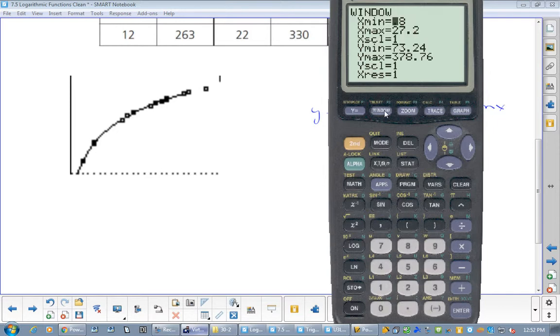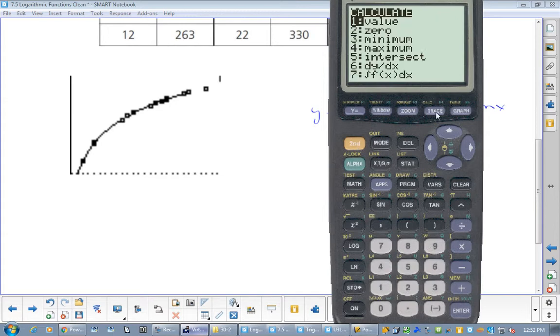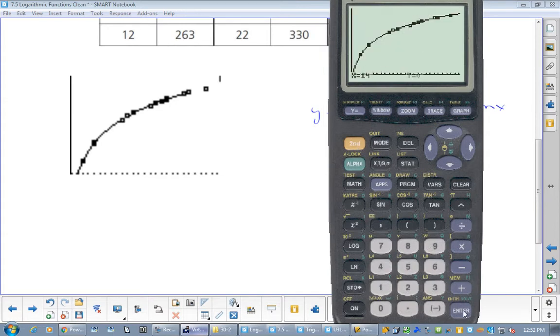And your window settings, you want to be below that, right? So your y min is 73 there. We want to make it like, yeah, negative 20. Okay. So it'll now tell us this because I can use second trace 5, enter, enter, enter. 1.06.